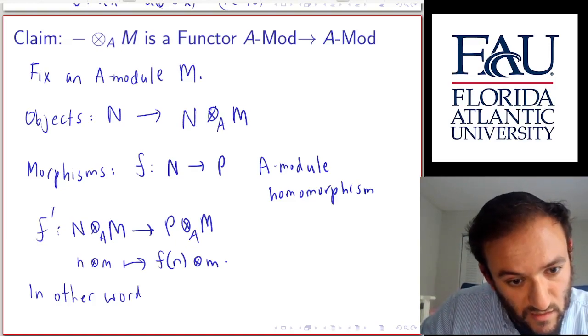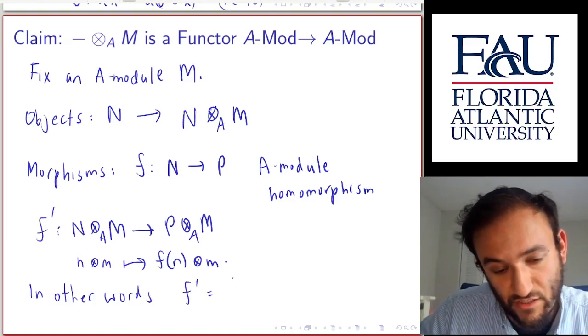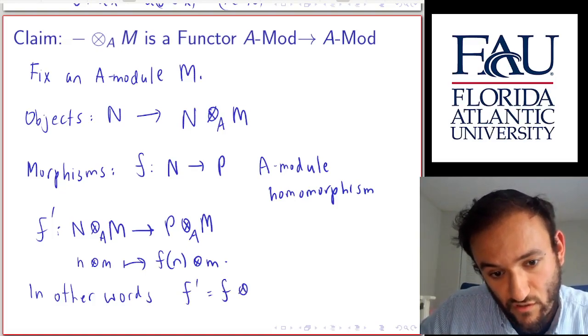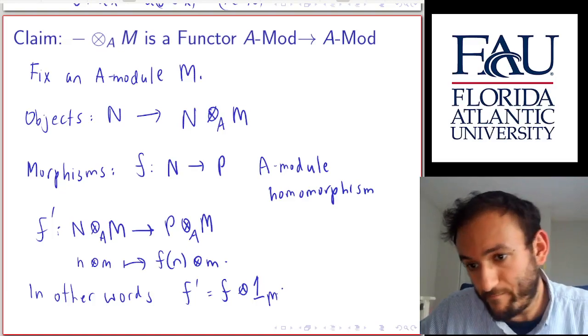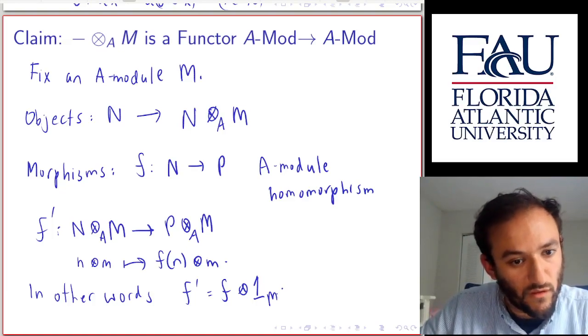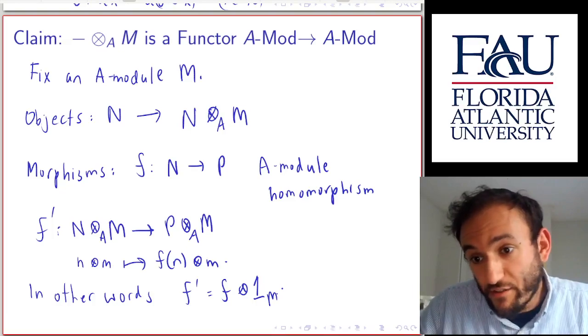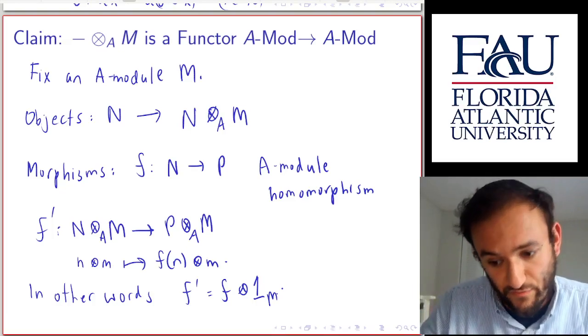In other words, F prime is essentially F in the first coordinate and the identity map in the other coordinate. Okay? And this is a functor. This is a functor from the category to itself.